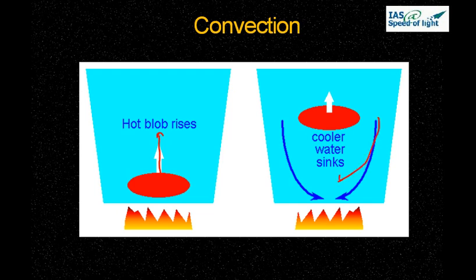So this whole convection, which is the vertical motion of energy, works with different densities. The water which is getting less dense is rising up, and the cool water which is more dense is sinking down. So it becomes a cycle, and it is very important to understand, because this is what is happening in our environment as well.